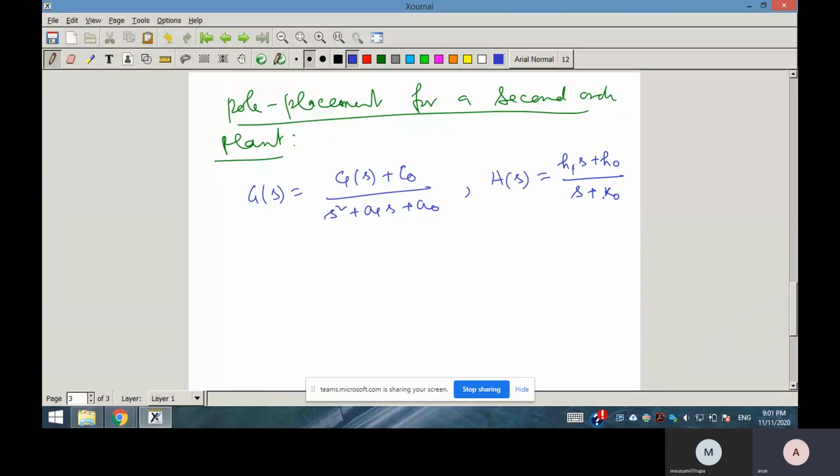So this first order controller will suffice for arbitrary pole placement of a second order plant.